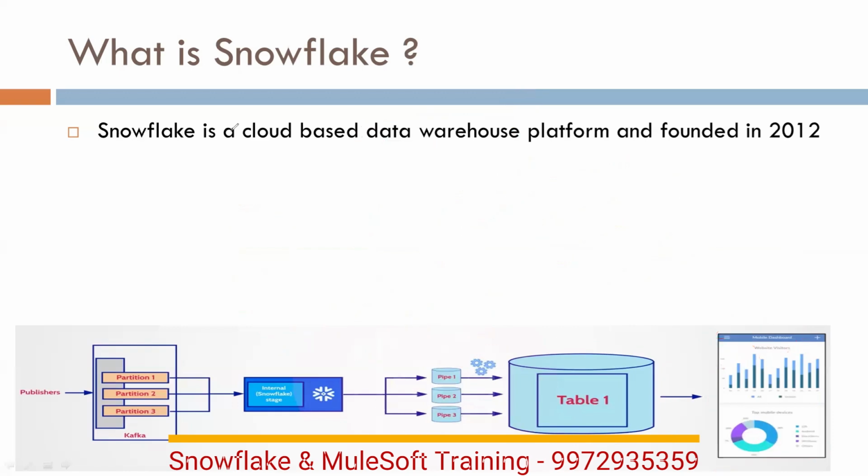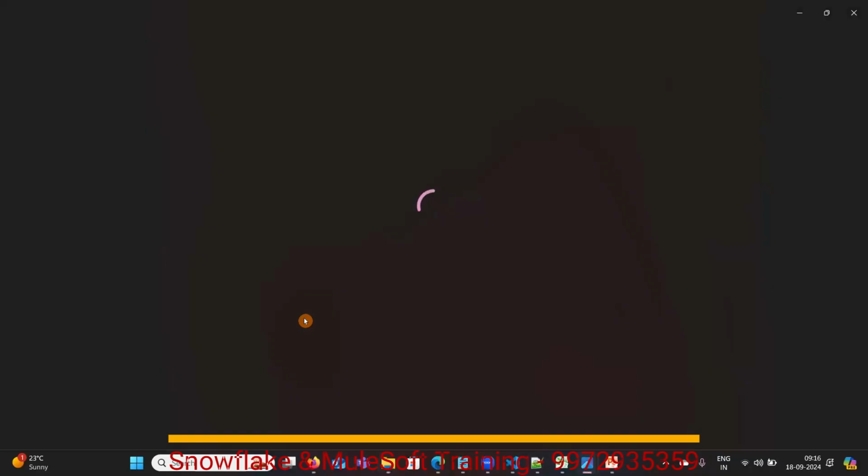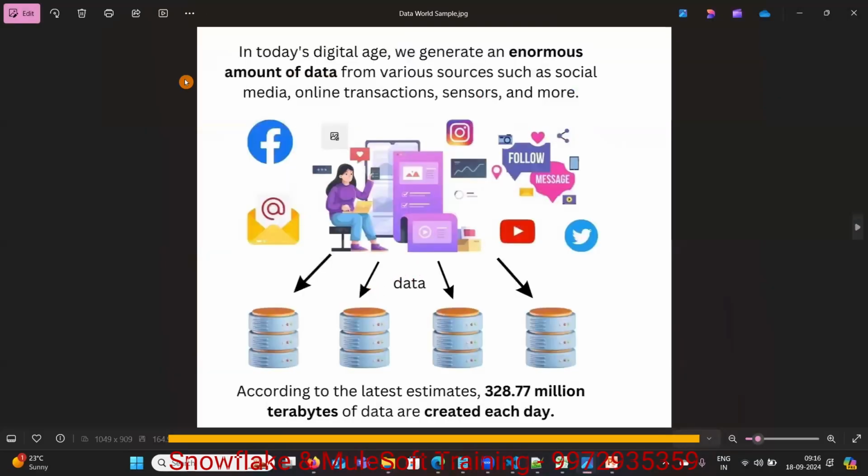Now, Snowflake is a cloud-based data warehouse platform. It was founded in 2012, but in the last 3 to 4 years it became very popular. Why has it become so popular? I'll show you one diagram here. In today's real-time world, we are generating every day 328 million terabytes.